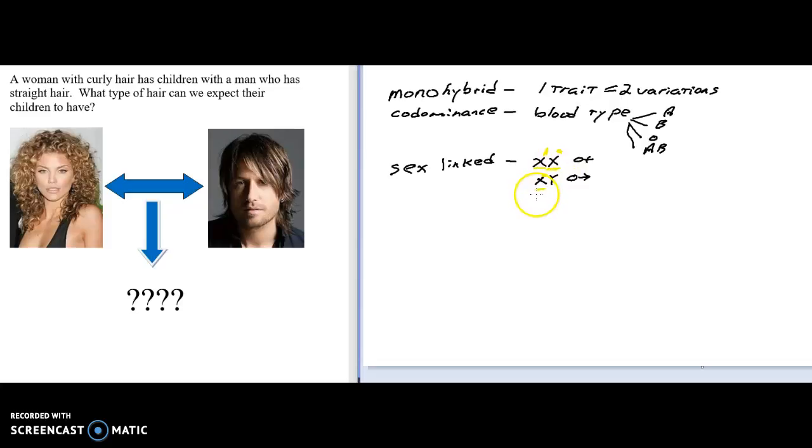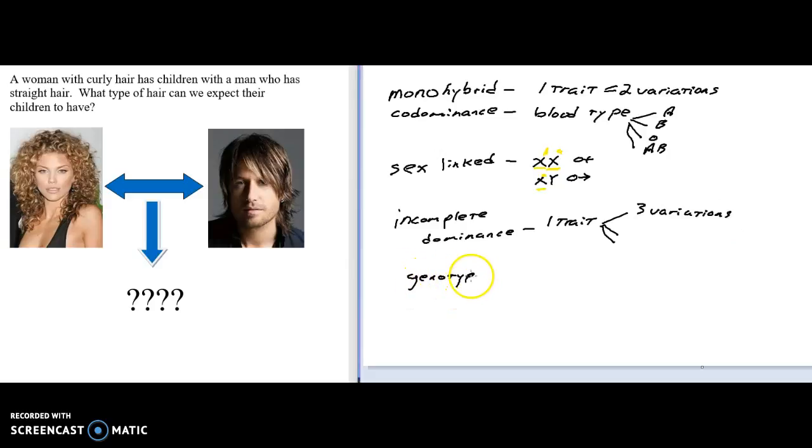Okay, so highlight that aspect, X chromosome for sex-linked. And then incomplete dominance: one trait, and you have 1, 2, 3 variations.